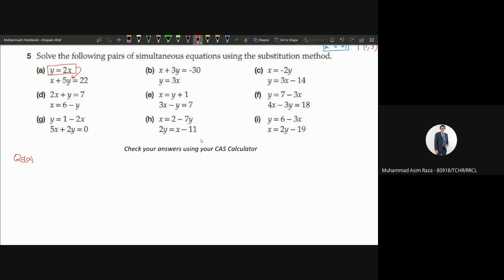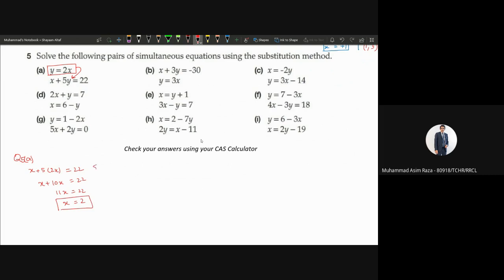So you will start solving right from here: x plus 5 into, I told you that we should put values in the bracket, so y should be 2x over here, and this is equal to 22. It is just like we put a constant value into the expression and it will become x plus 10x is equal to 22. This is 11x is equal to 22 and x will be equal to 2, right?